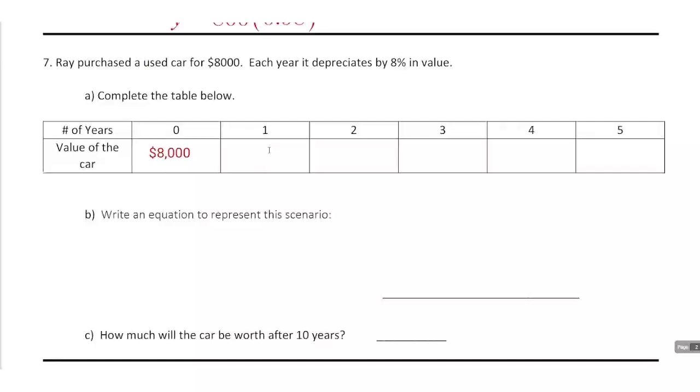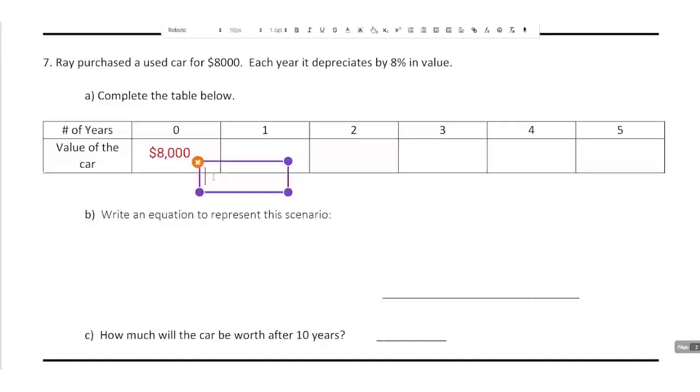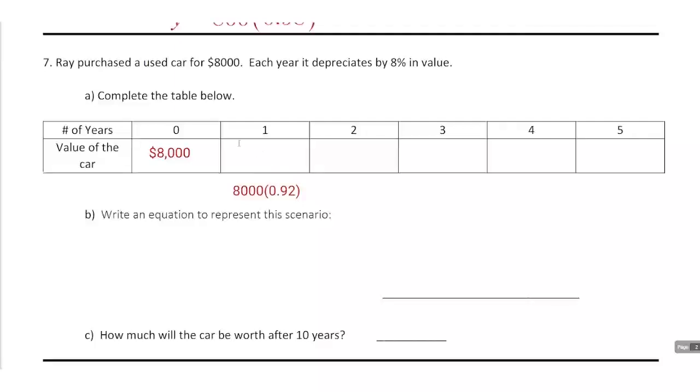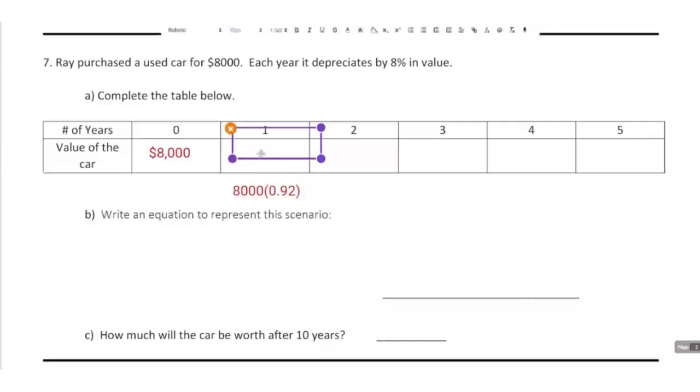So what I'm going to do is multiply 8,000 by 92%. Okay, so this is going to be 8,000 times 92%. So it's depreciating by 8%. This is 1 minus 0.08.